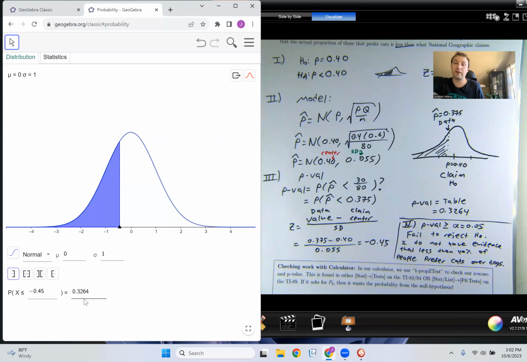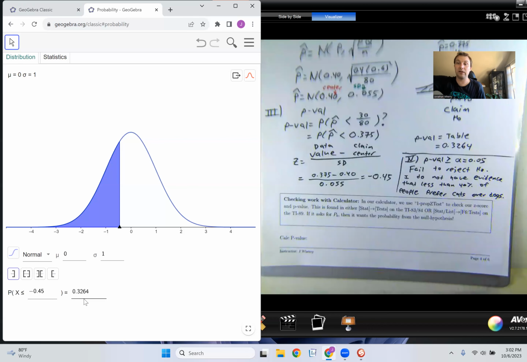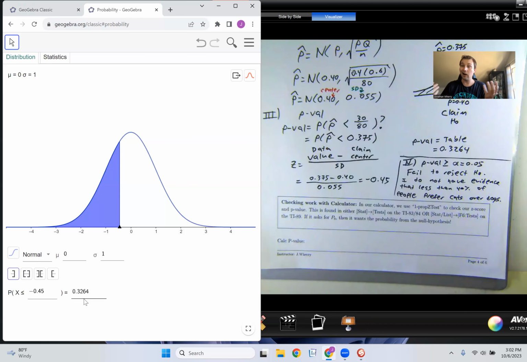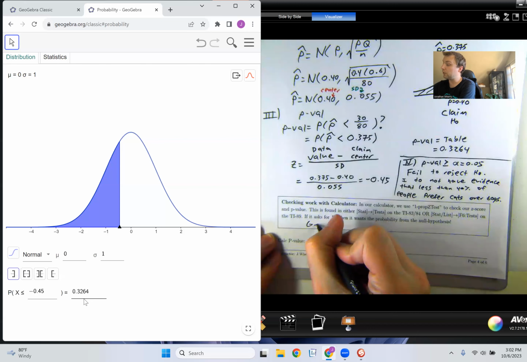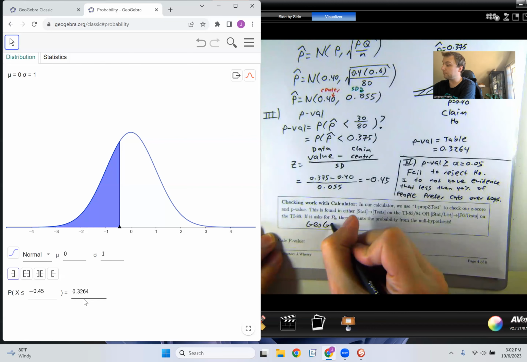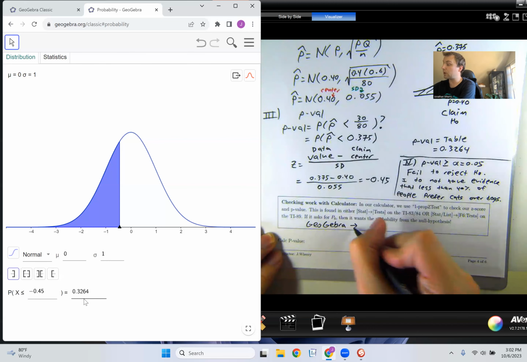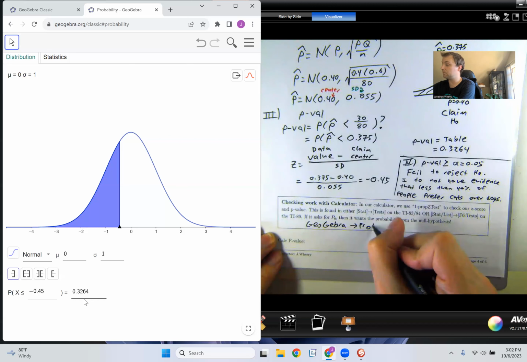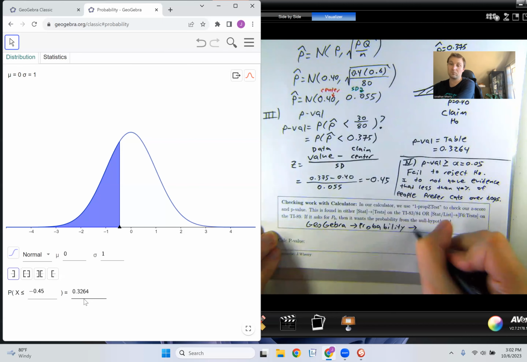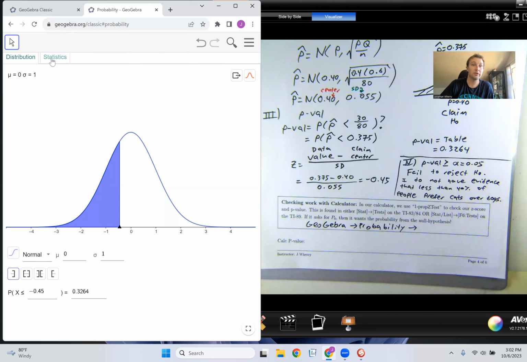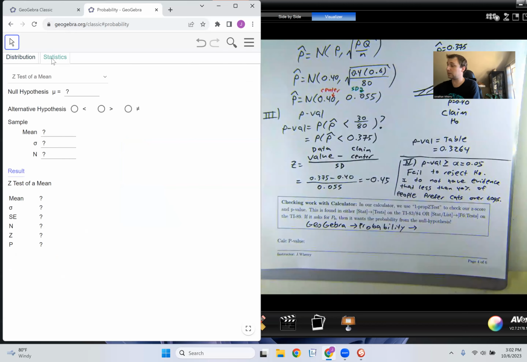There are some instructions for how to do this in the TI 83, 84, and 89. I also want to show you how to do this in GeoGebra because there are some videos for this up online already. So inside of GeoGebra, when you go into probability, there's an option for statistics.